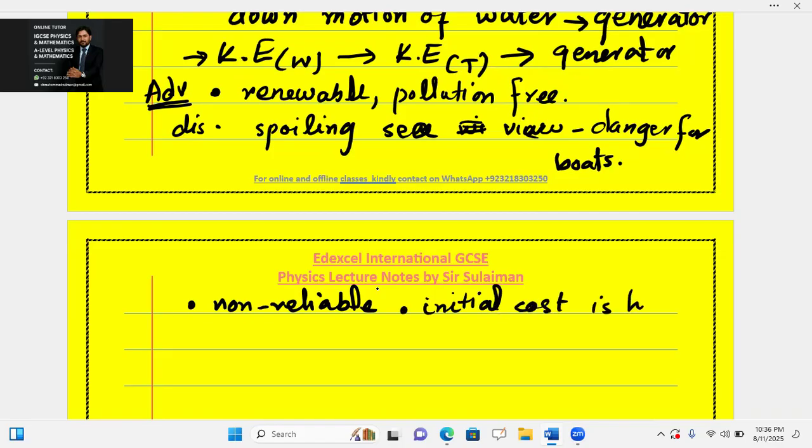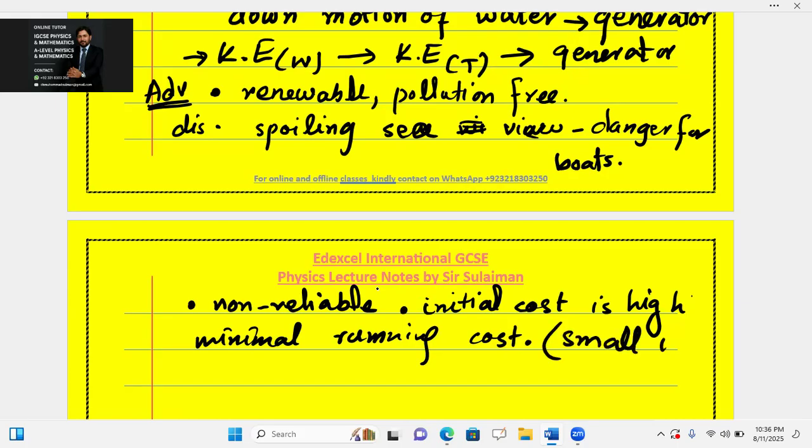Electricity production using waves also has a minimal running cost, which should be added into the later syllabus. So wave power is unlikely to provide energy on a large scale, but it can be very useful for small islands. It is good only for small islands.